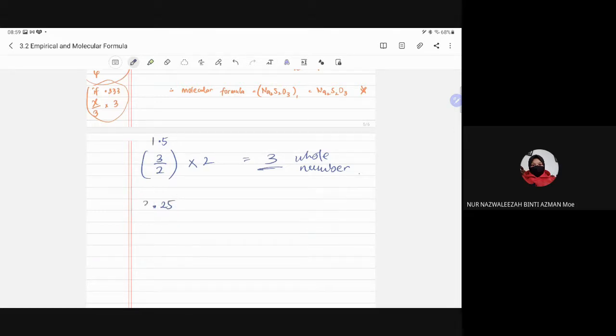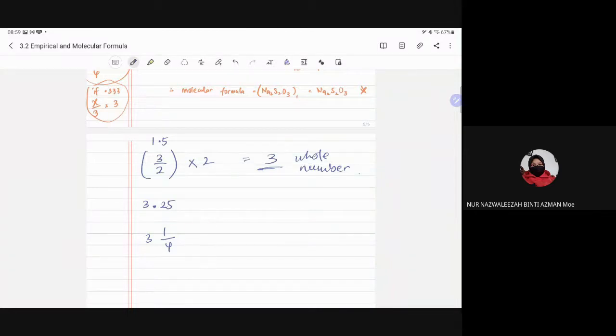Contoh kita ambil 3.25. So ini bersamaan dengan 3.25 ini adalah 3 1/4. 4 kali 3, ini adalah 12. 3.25 adalah 3, 1 per 4. 4 kali 3, 12. 12 tambah 1, 13.